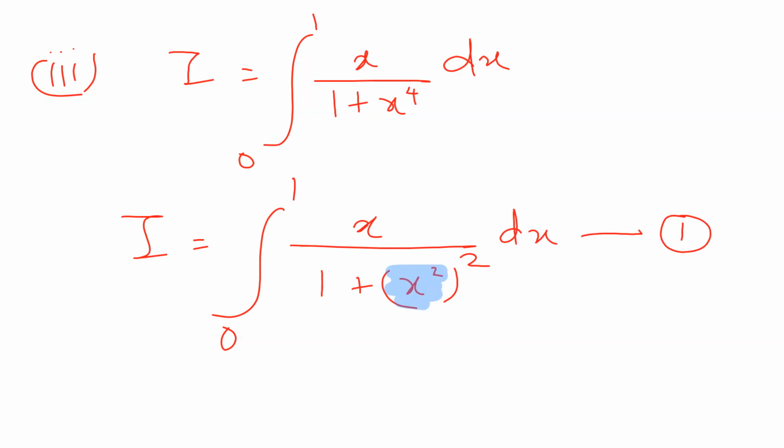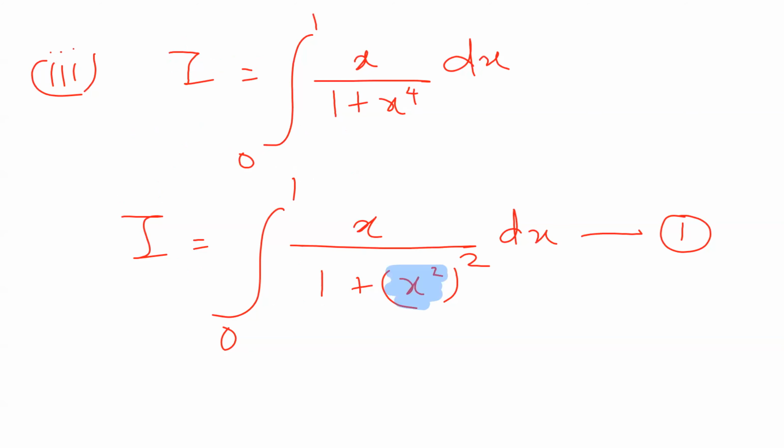So put x square equal to t, the method of substitution. d by dx of x square is equal to d by dx of t. 2x is equal to dt by dx. Now look at equation number 1 and tell me which terms should we group together.